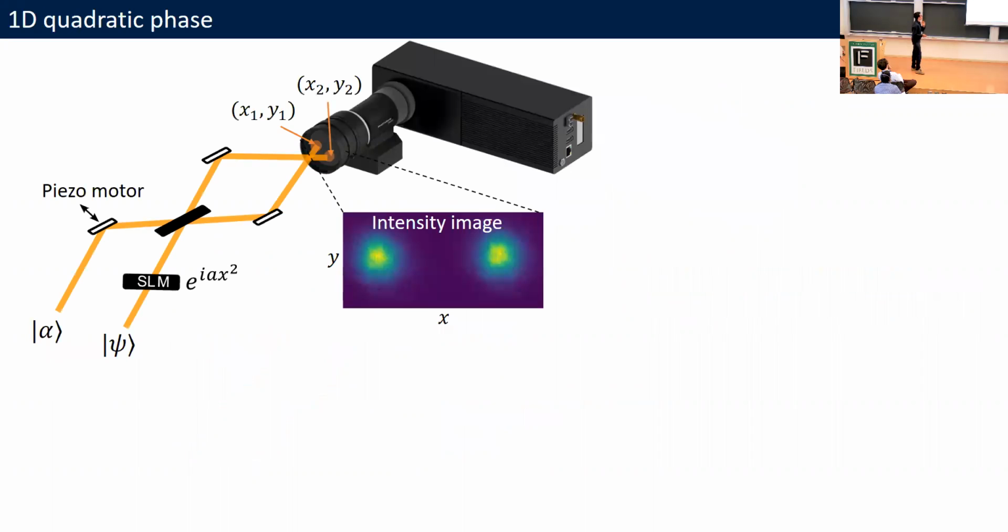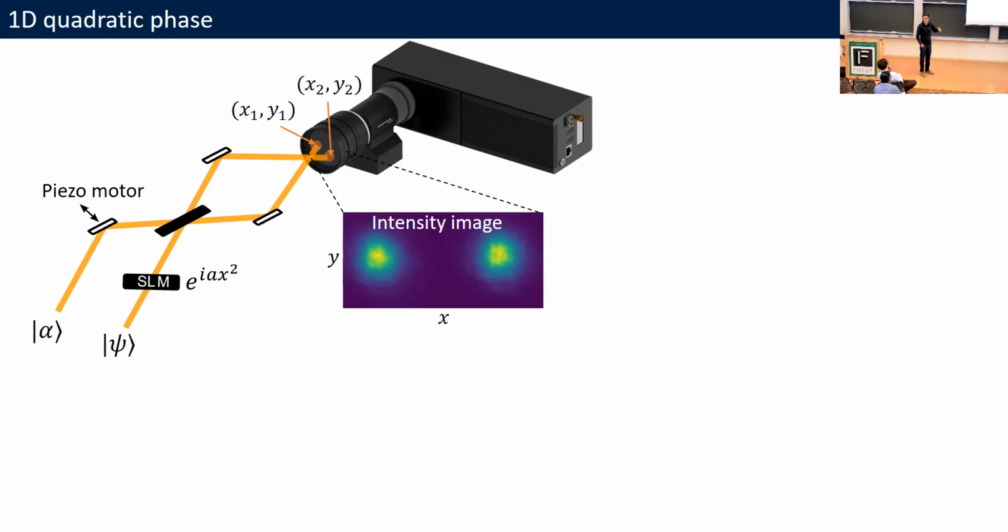Okay, so here's an example of a sort of measurement we can make. This is just a simple 1D quadratic phase. We're applying this phase mask on the SLM, and we see two beams, the two outputs of the beam splitter on the camera. Because we're shaking the phase at the piezo, we don't see any sign of interference at the camera if we just look at intensity.